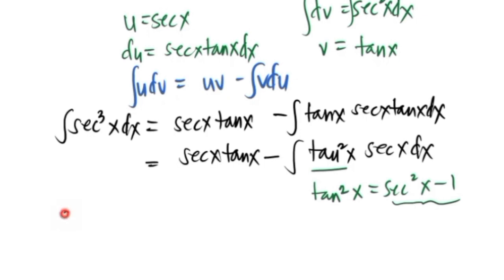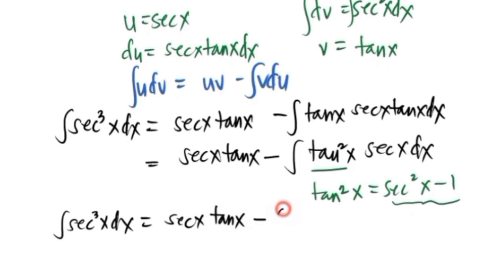So we have secant cube x dx is equal to secant x tangent x minus the integral of secant square x minus 1 secant x dx.